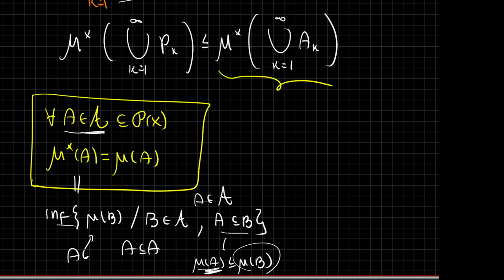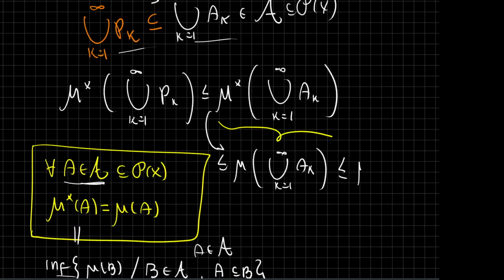So this one is equal to just mu of this countable union. And you know that by the subadditive property of measures, this is less or equal than the value of the series here, right?